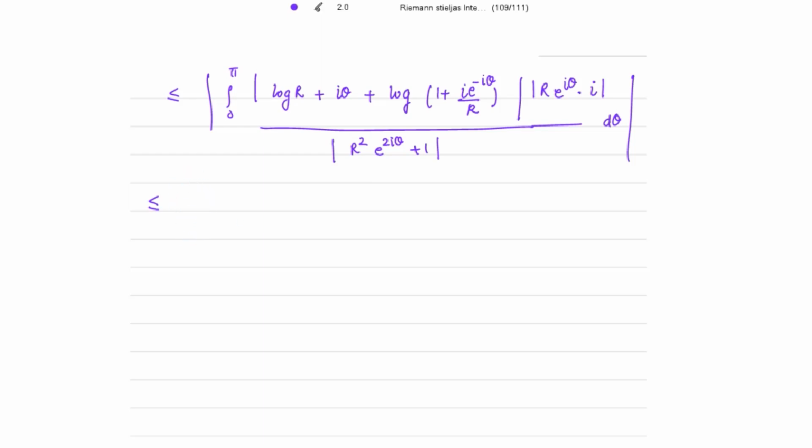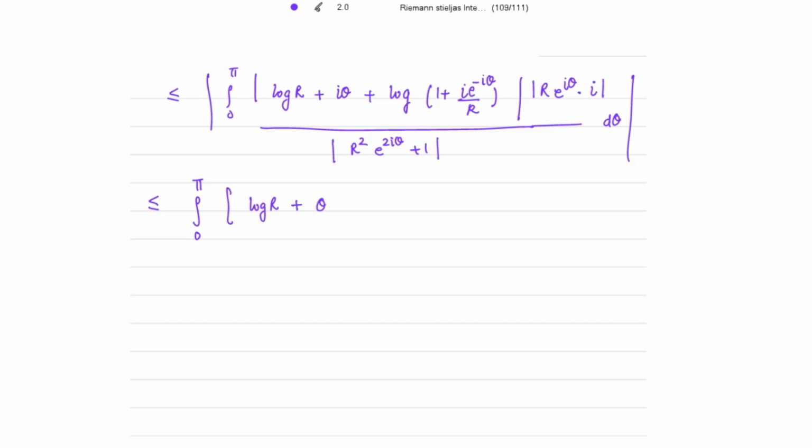So this is just the integration 0 to pi. This complete mod will be changed into log of r plus, what is the mod of iota theta?